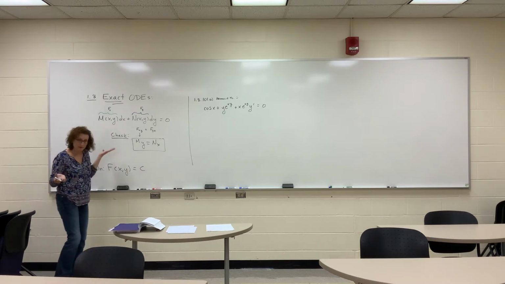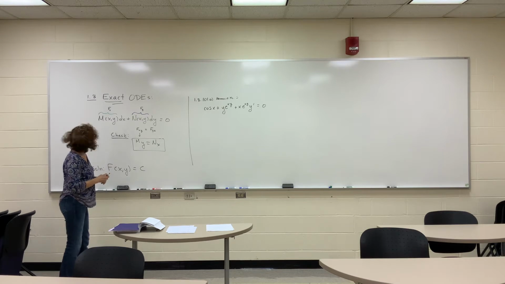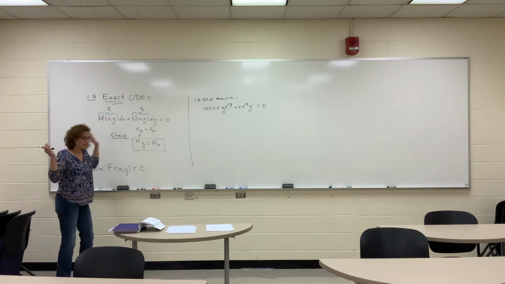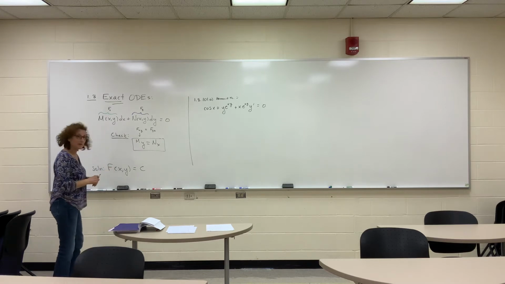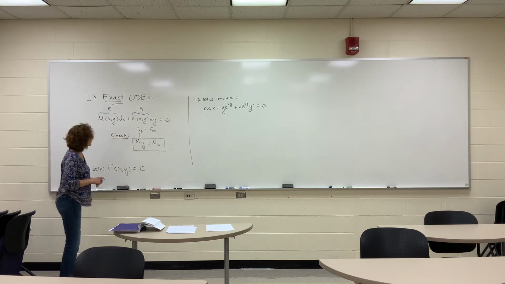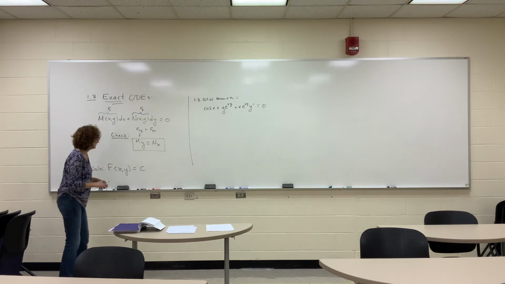That's what we want to check, as long as everything was nice and continuous, because that's what our theorem required. You could try to memorize it, but it's really better to understand where it came from and what it is saying: the second mixed partials of f are equivalent. It doesn't matter the order.